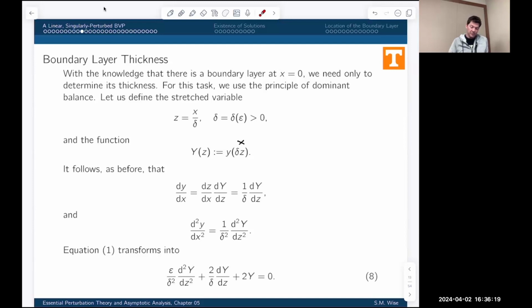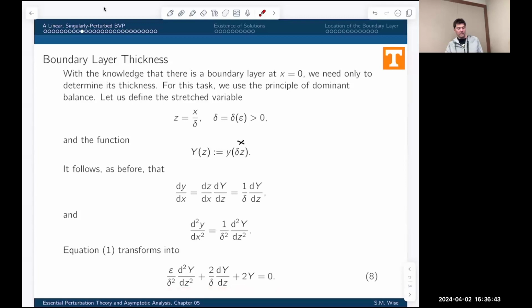I need to transform those using the chain rule. The first derivative transforms as 1 over delta dY dZ, and the second derivative as 1 over delta squared d2Y dZ squared. So the original equation transforms like this.